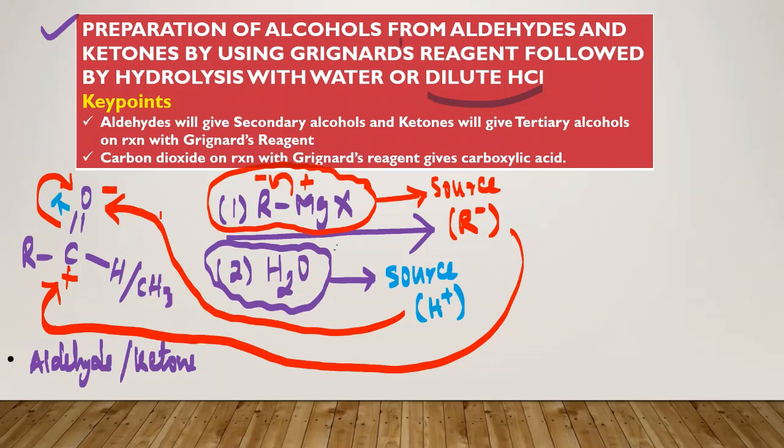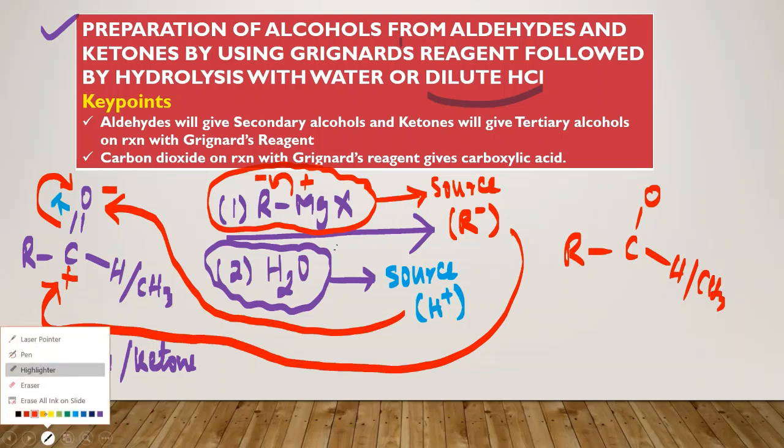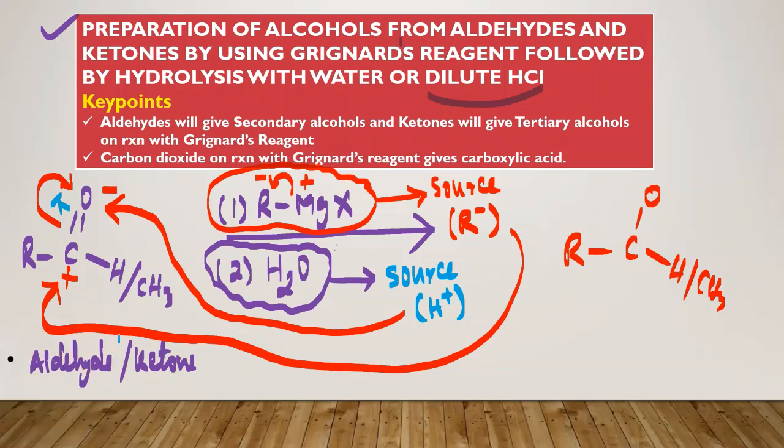So our product will be R, C, O here, and then we have H and CH3. R minus is attacking the carbon of carbonyl group, so R will be here. And H is attacking the O minus, so obviously H will be here.